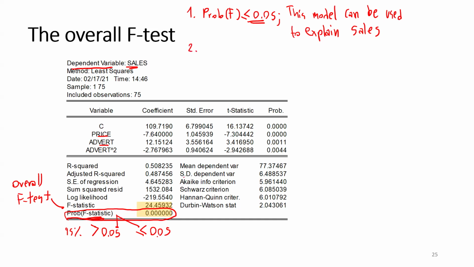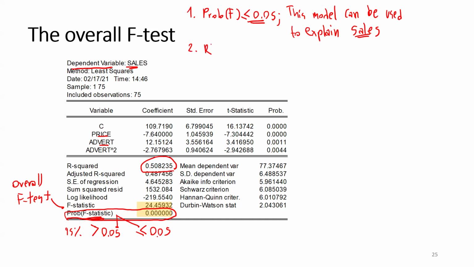Okay, second step, you have to interpret R squared. We know that it can be used to explain sales, but we would like to know how good your model is.